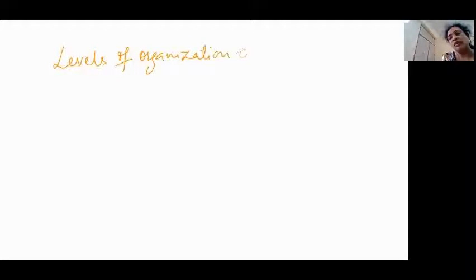Now let us discuss various levels of organization change. In organization behavior, we study that organization is at 3 levels, isn't it? Robbins suggested that organization is at 3 levels.